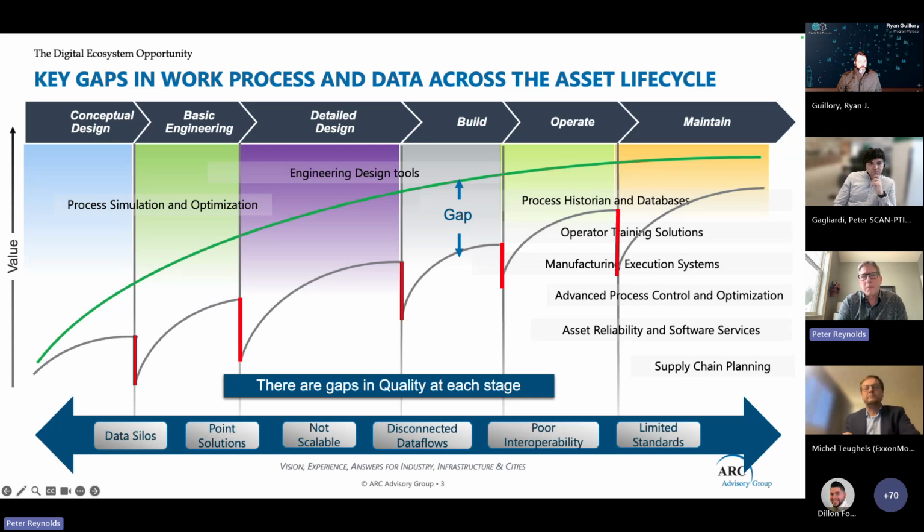What we hear from most of our clients on the asset owner side is every one of those points, there is a handover between various engineering firms to the asset owner, and there are data silos that exist between the digital twins. There's too many point solutions, incorrect fidelity, disconnected data flows, and limited standards to help guide that data so the users can get value.